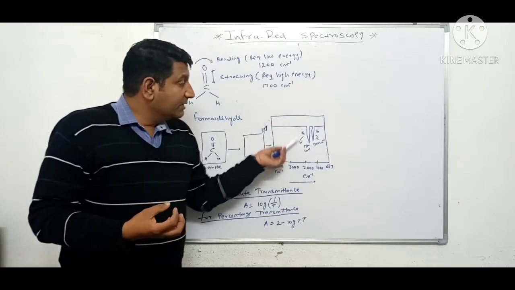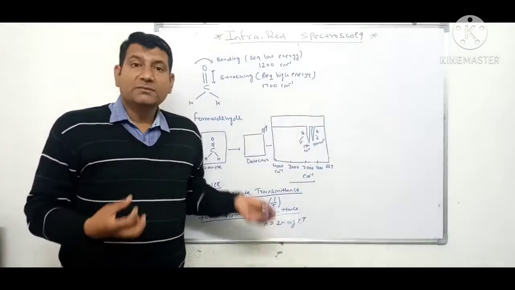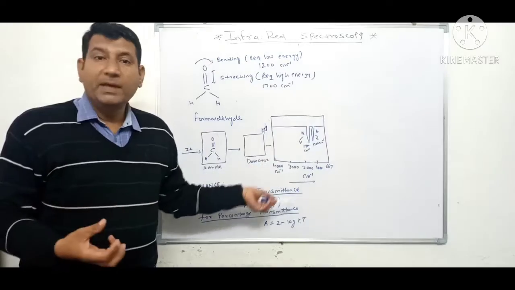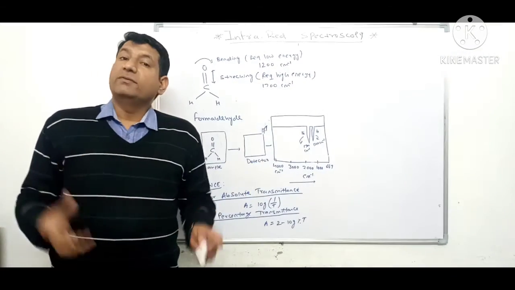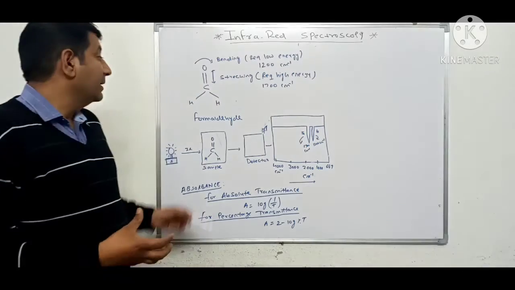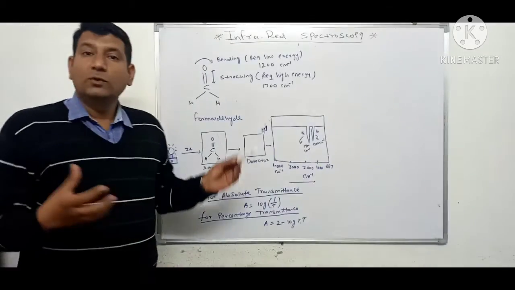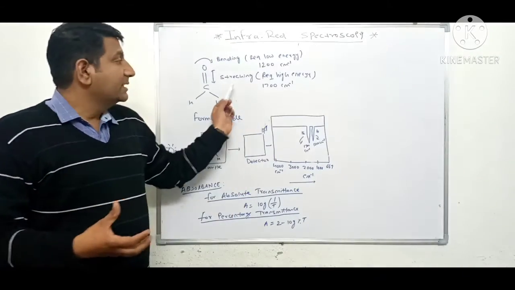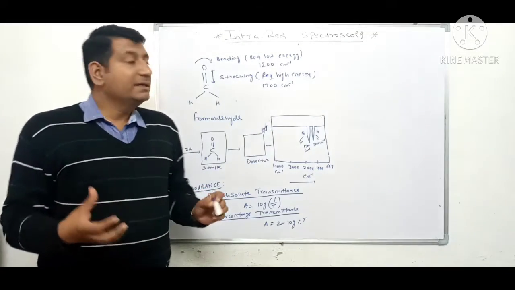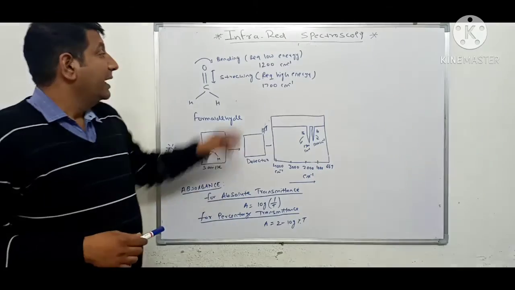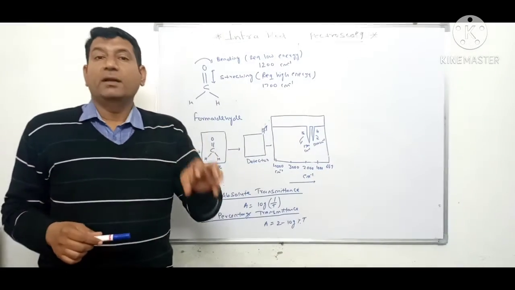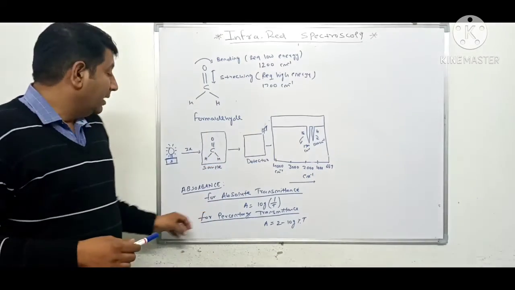This vibration produces resonance which is depicted in the peak, and our detector detects the amount of light transmitted by the sample. Formaldehyde shows stretching vibration at 1700 centimeter inverse and bending vibration at 1200 centimeter inverse, and this is unique and fundamental for every compound.